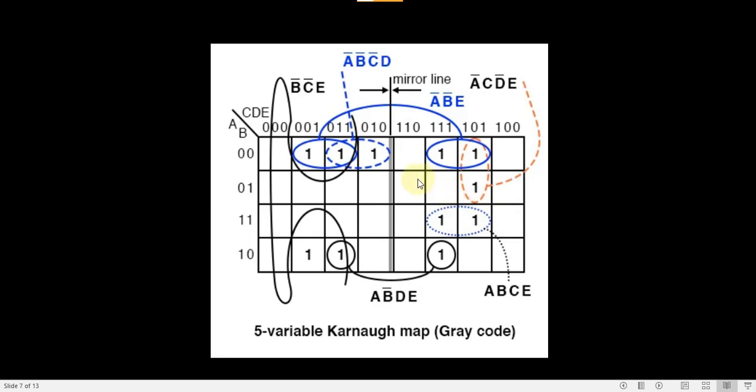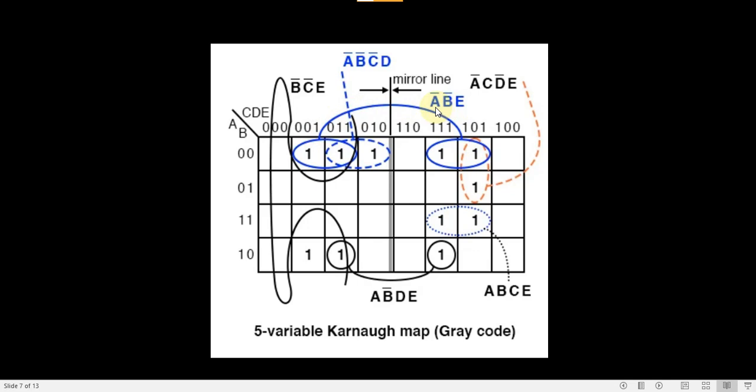So this is one more example of gray code. There are 2 numbers here, and these 2 and these 4 have been grouped in the strong blue line, without dotted.